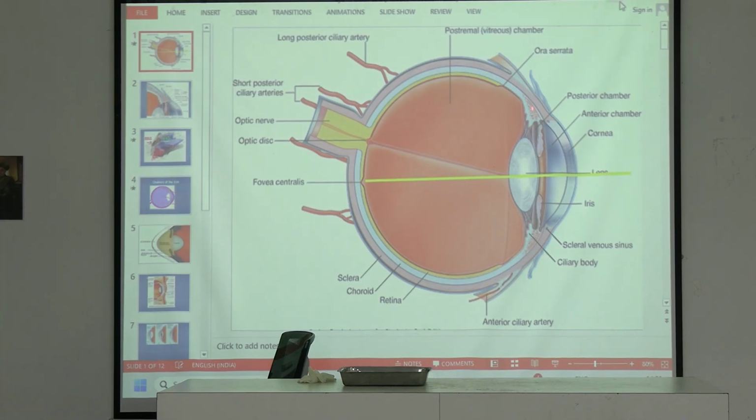Now, this area in between the ciliary body and the choroid is called the ciliary ring. Here we can get some projections.